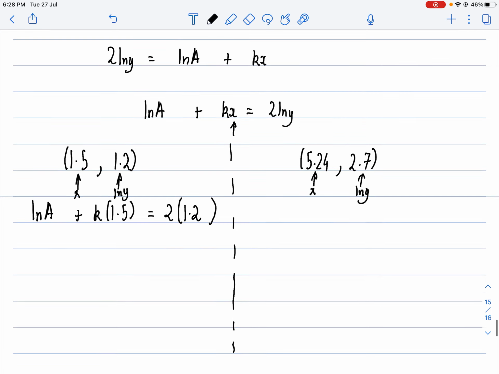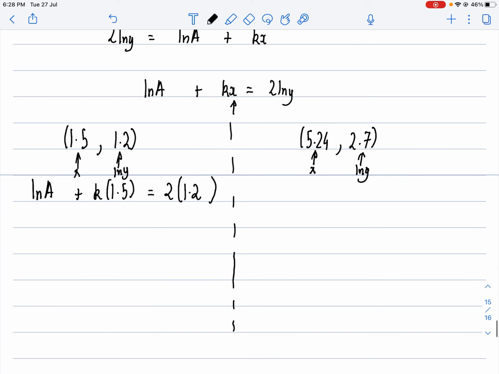Correct? This you need to be extremely mindful of. You can't write it as 2 into ln 1.2 because that's wrong, because 1.2 is the value of ln y. So now I can simply write this as ln a plus 1.5k, which is equal to 2.4.